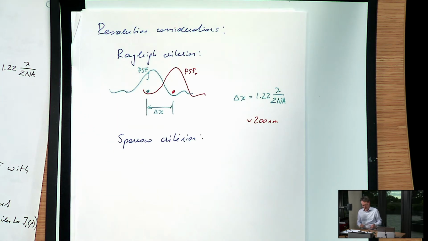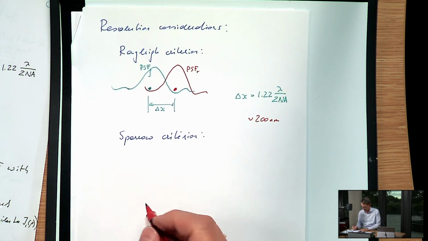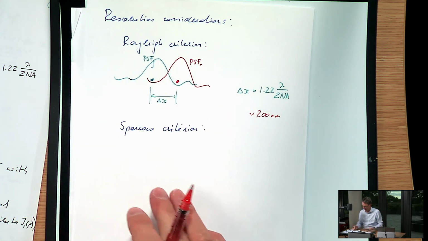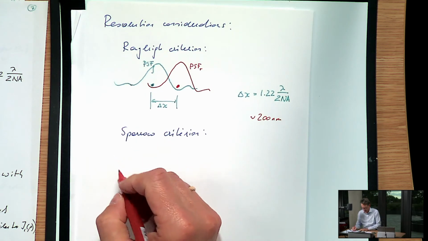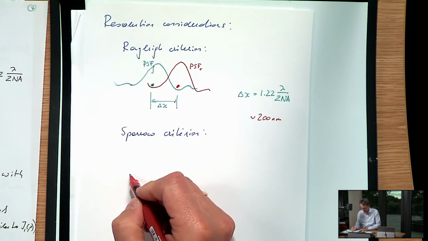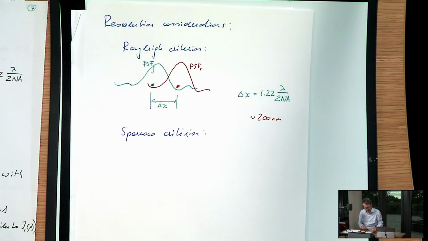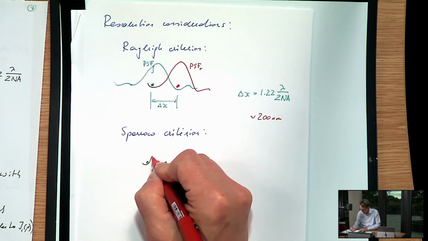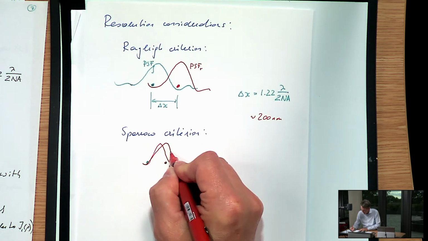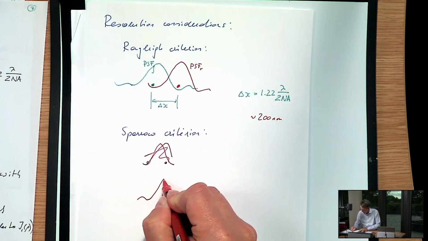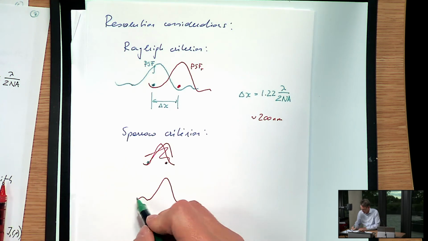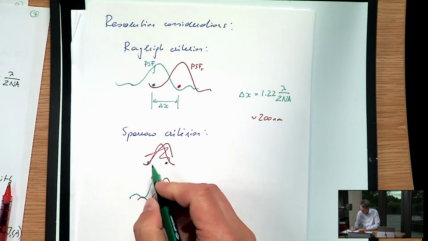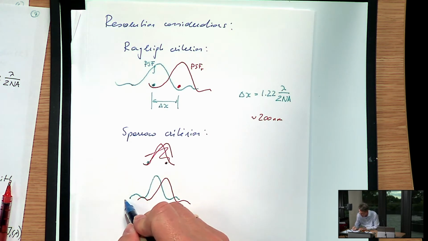And the Sparrow criterion in practice means that, for standard optics and standard fluorophores, if you have these two things together, and here's red again, so I've done this badly, let's do it again, and then I put this one, you say that the overall envelope is the sum of these.